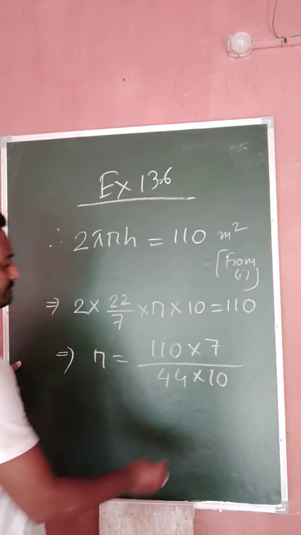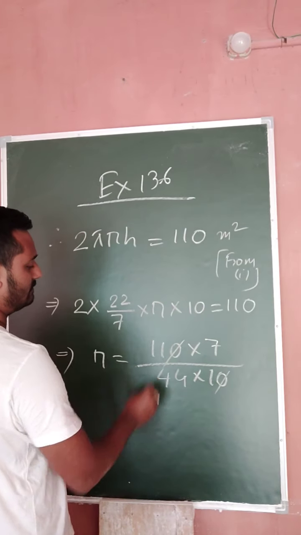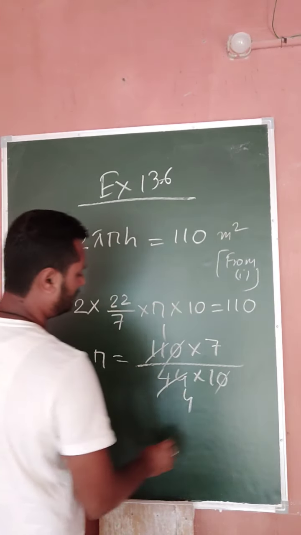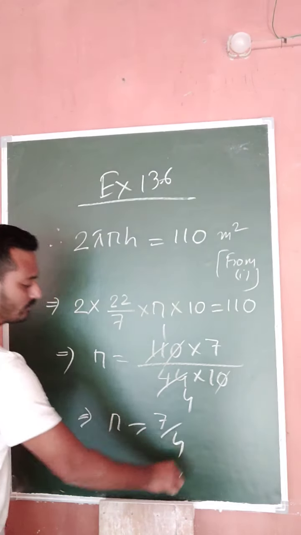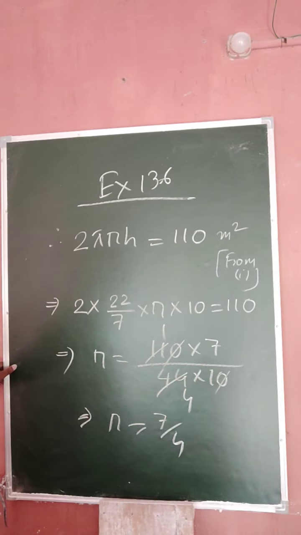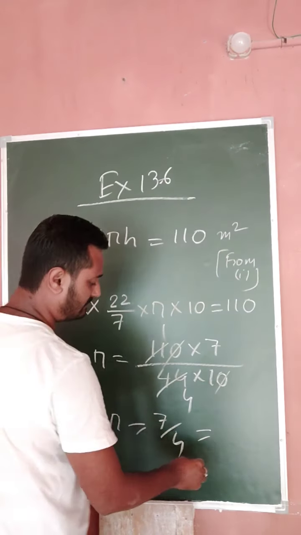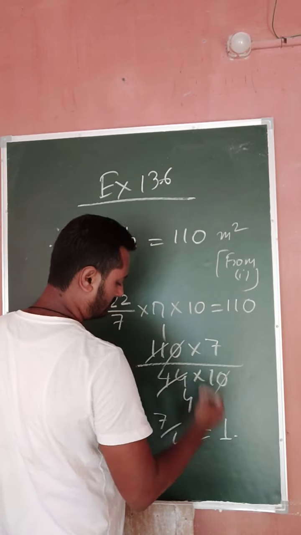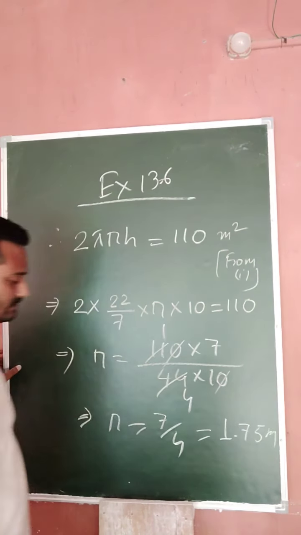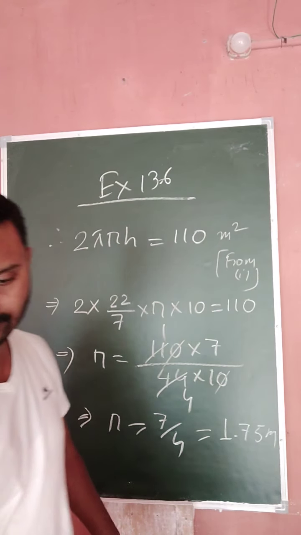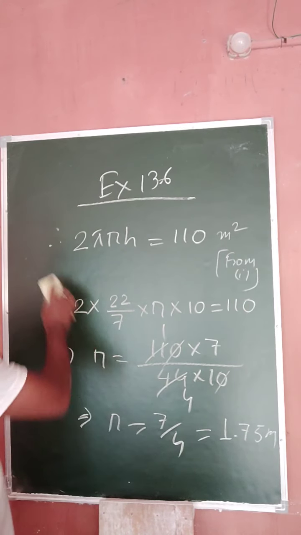The zeros cancel, so r is equal to 7 by 4 meter. If you divide, it becomes 1.75 meter. That is the radius of the base.